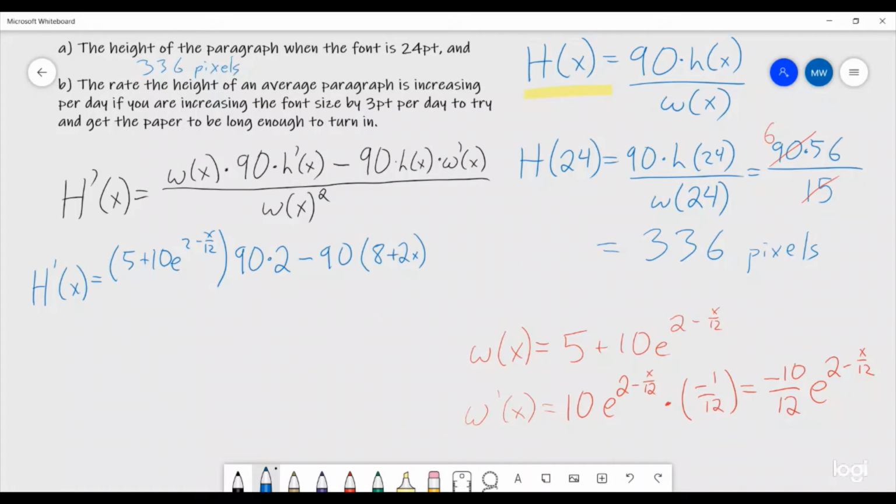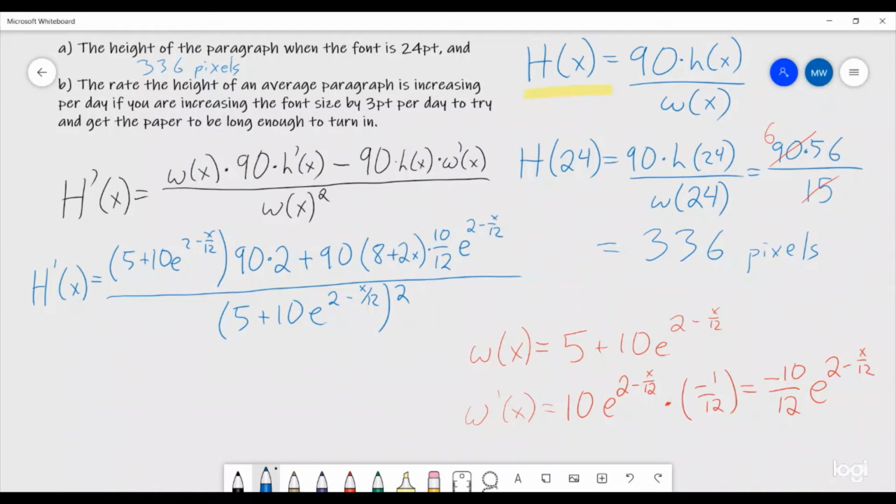So negative 10 over 12, so that's a plus, times 10 over 12 e to the (2 minus x over 12), all over w of x squared, all over (5 plus 10e to the (2 minus x over 12)) squared.